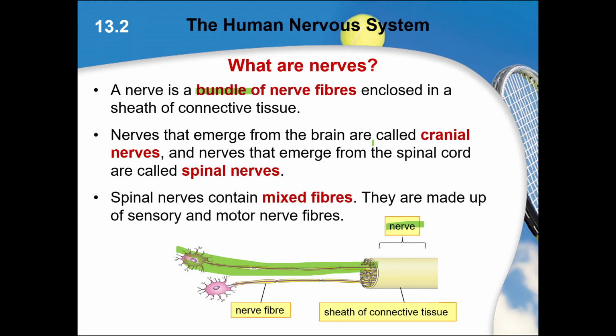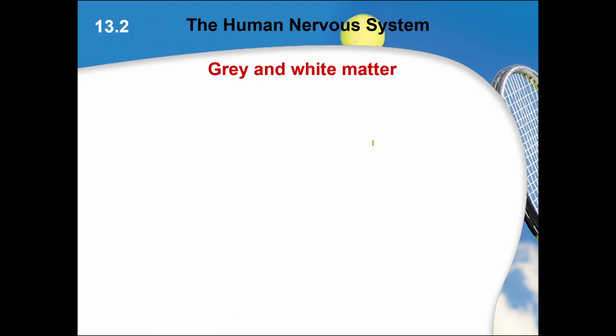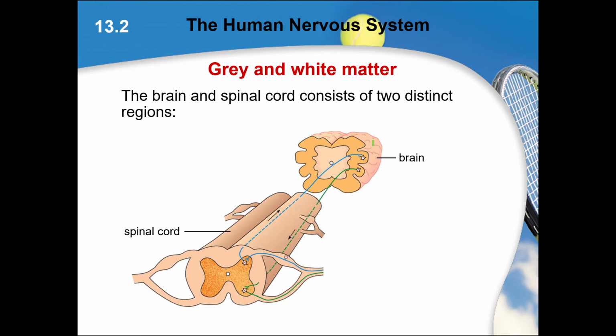Spinal nerves contain mixed fibers. They are made up of sensory and motor nerve fibers, which I'll show you in the next slide, so don't worry. I'll just run through another slide on the differences between the grey and white matter first.